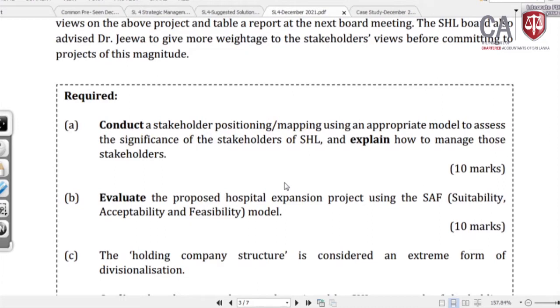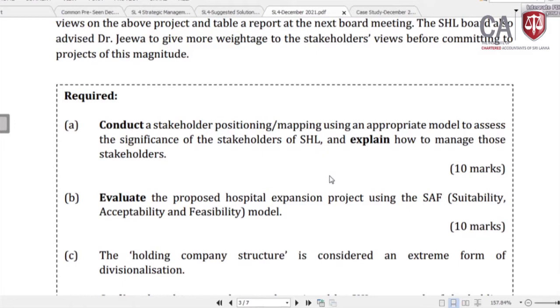All right. So, part A has been tested based on the stakeholder mapping. If we go through it again, look at the question: conduct a stakeholder positioning mapping using an appropriate model to assess the significance of the stakeholders of SHL and explain how to manage those stakeholders.